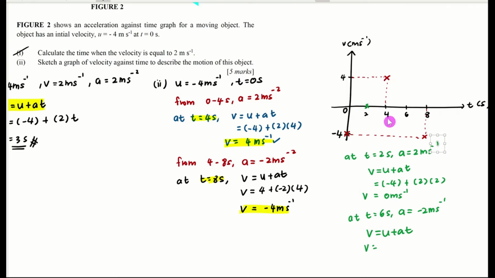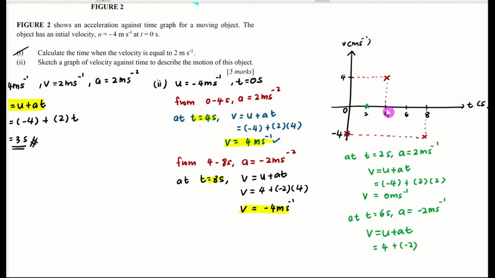Initial velocity should be 4, and the time should be 2 seconds, 6 minus 4. So here I put u as 4, plus -2.